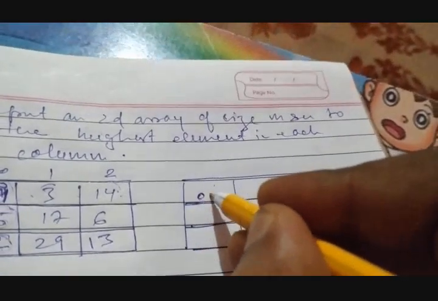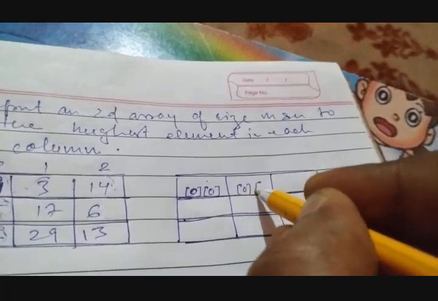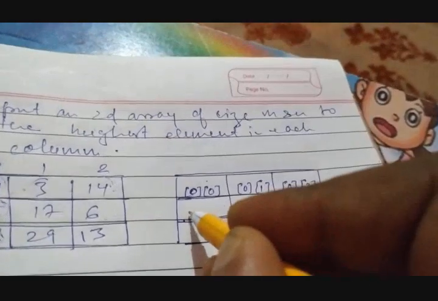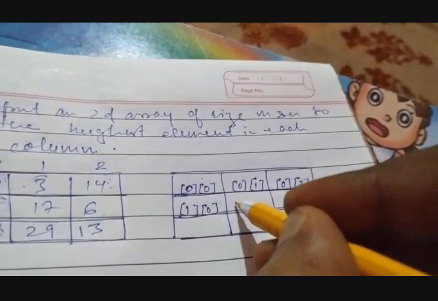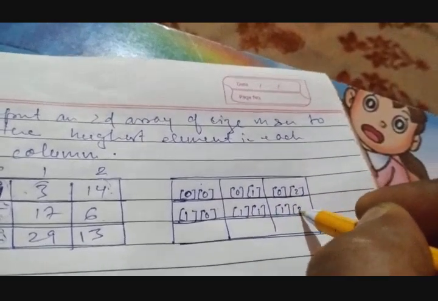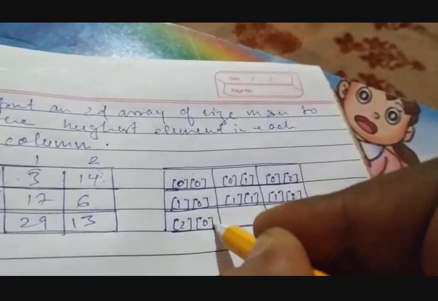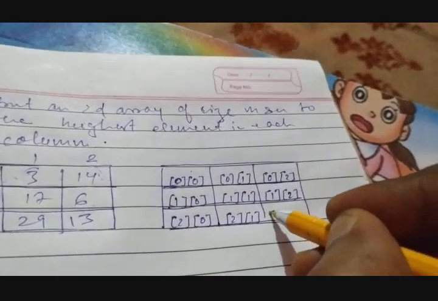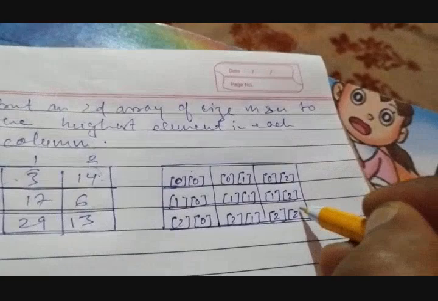This is 0 0, 0 1, and this is 0 2, 1 0, 1 1, 1 2. This is 2 0, 2 1 and 2 2.